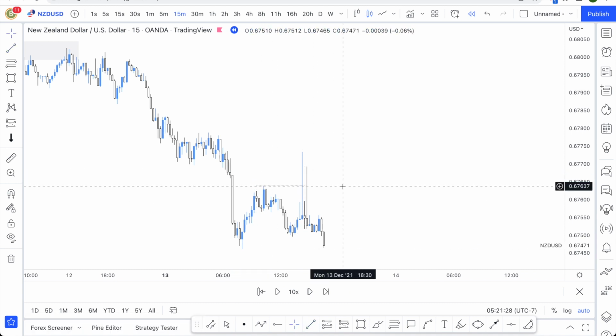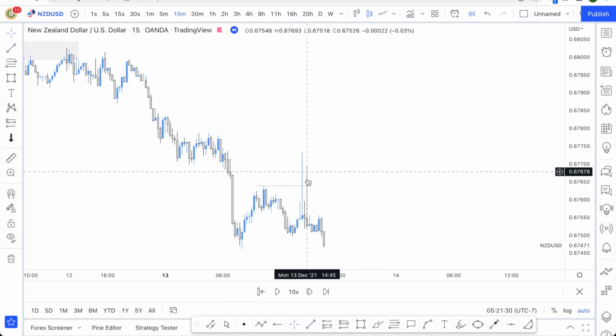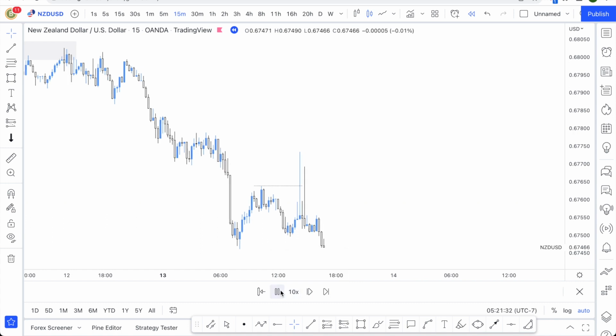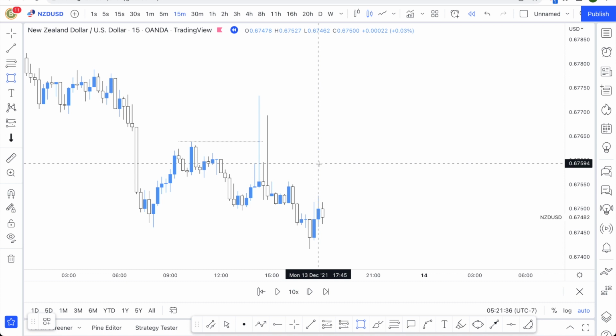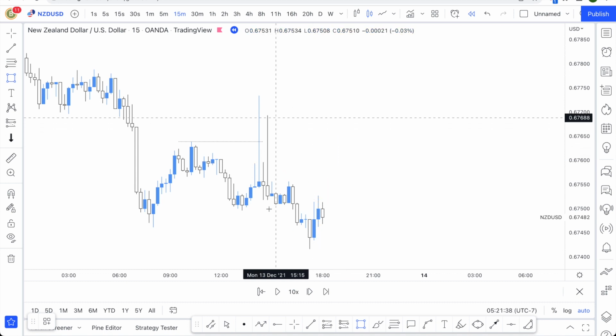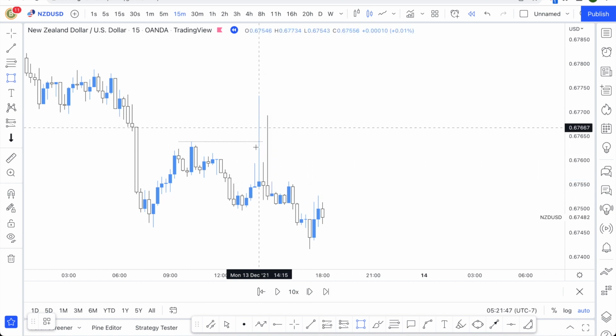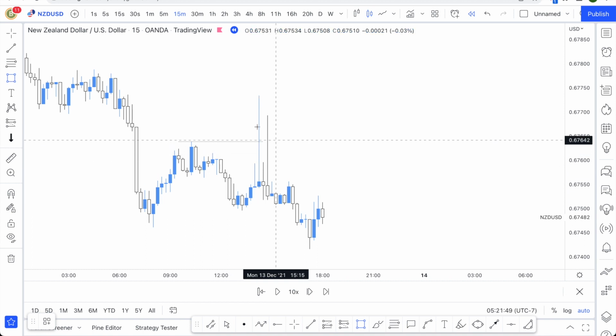Right over here, there's a break of structure to the upside, and all of a sudden price breaks to the downside. So now we have to ask ourselves, where is that last up candle before the major move pushed bearish? You can see that this area here, this wick here, there were buyers involved that pushed bullish here and mitigated this entire wick. Now this really depends on which wick you choose.